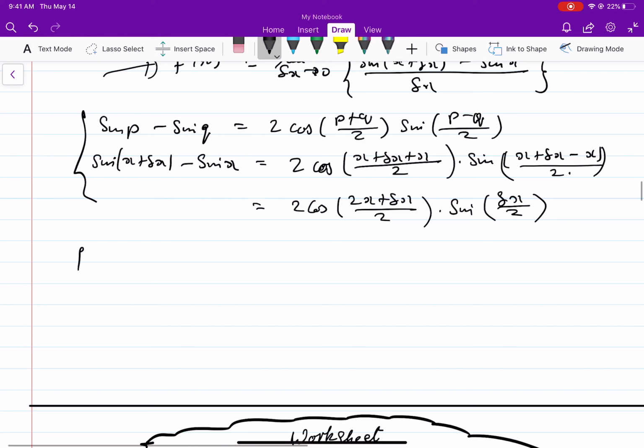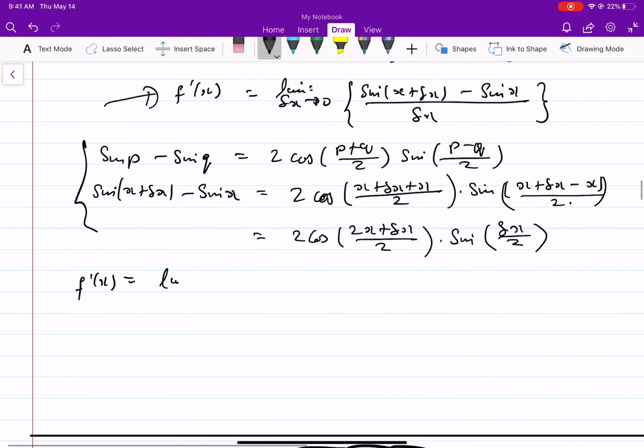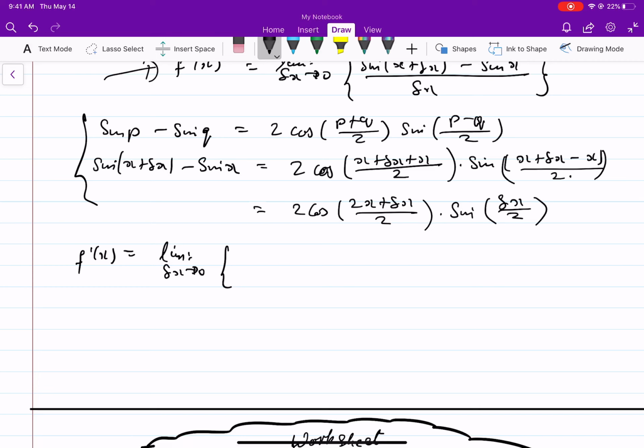So therefore, f prime of x is equal to the limit as delta x approaches 0 of, let me write my product, 2 times the cos of 2x plus delta x upon 2 times the sine of delta x upon 2, all upon delta x.